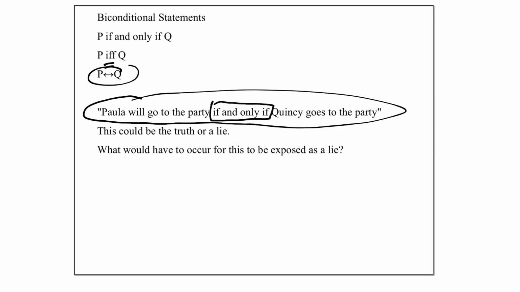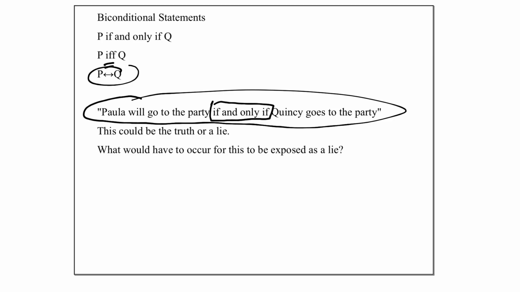So someone says this: Paula will go to the party if and only if Quincy goes to the party. And we don't know if they're telling the truth or not. It's just a statement. It might be true, it might be false. And I want to see what sort of P and Q combination causes this to be false versus causing it to be true.